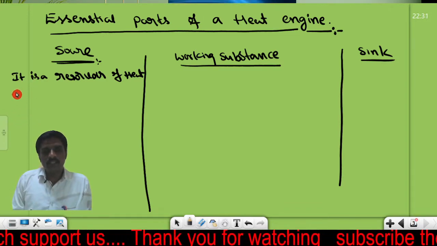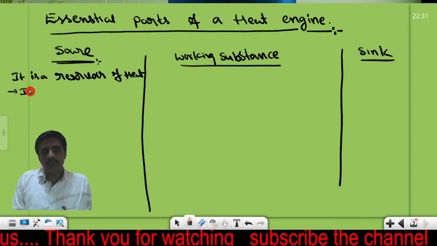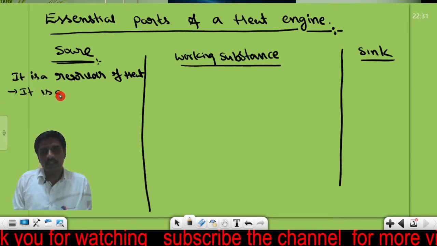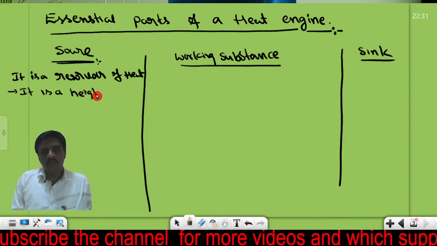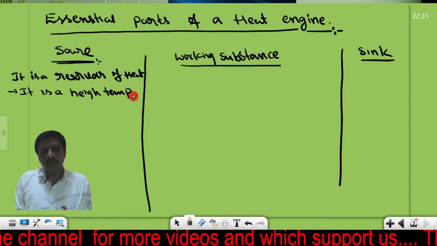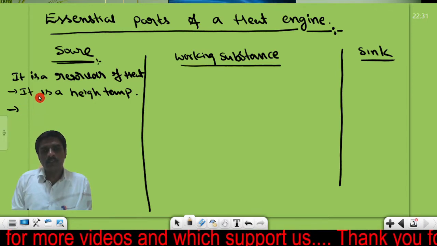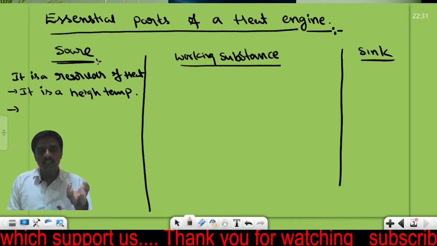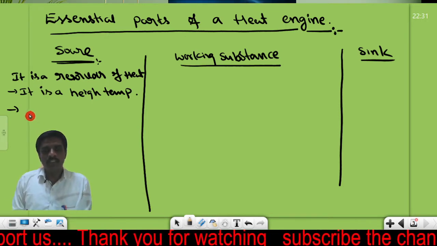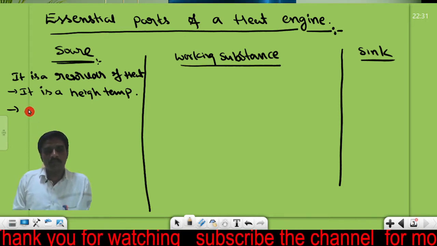As it is having a large amount of heat, it is the high temperature place. Also it is an infinite thermal capacity part.